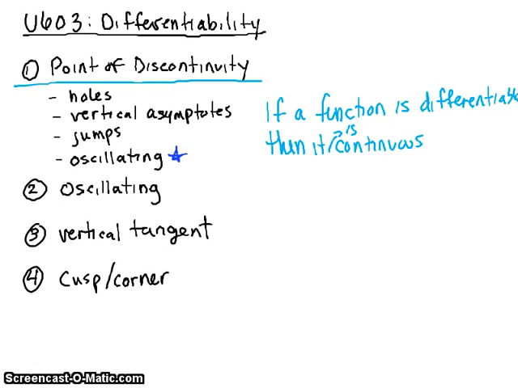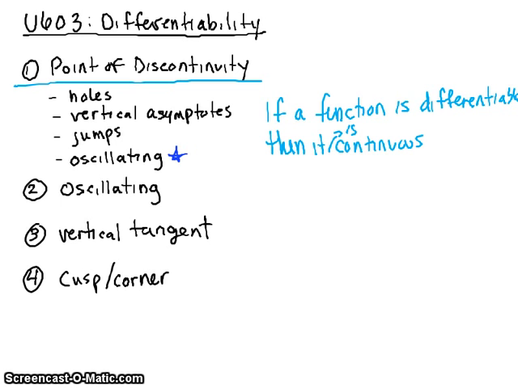And that's going to come in handy when you're looking at free response questions. Oftentimes, AP will tell you that a function is differentiable and then ask you about the intermediate value theorem, and we have to state that the function is continuous. So if they tell you the function is differentiable, they are also telling you that the function is continuous. They are not telling you that the other way around, though.